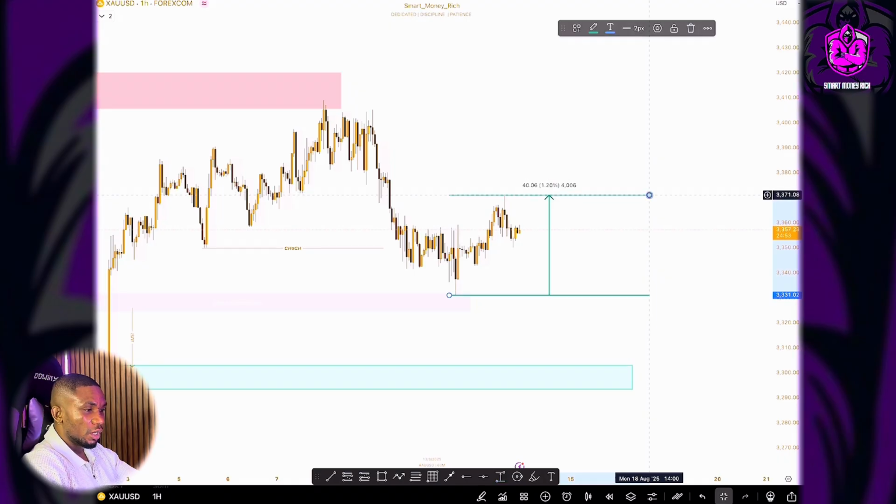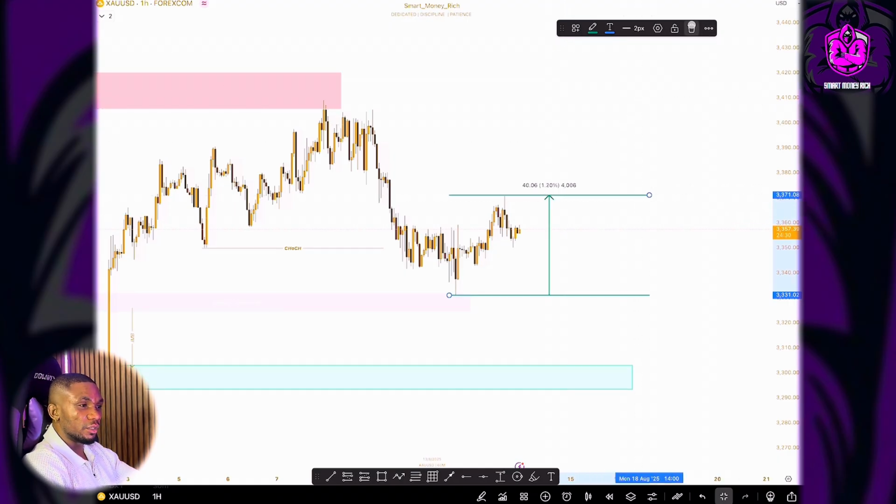This is you trying to know how the market has moved from this low to this high. This is telling you that the market has moved 400 pips, right? So from this particular low to this particular high is 40.06, meaning you're taking out this 6 and it's just 400 pips.